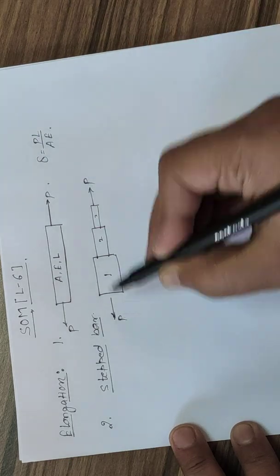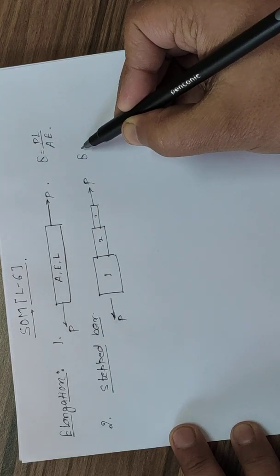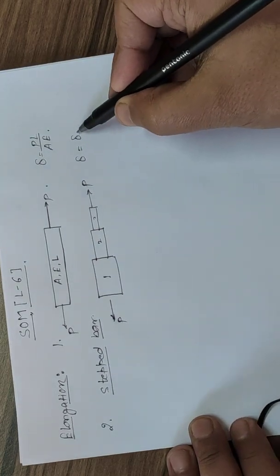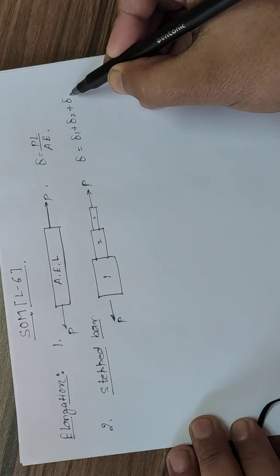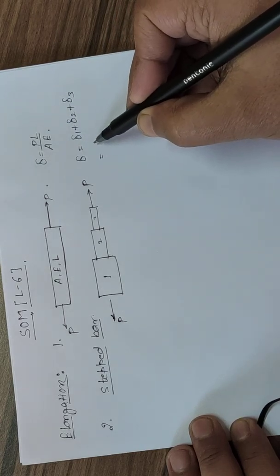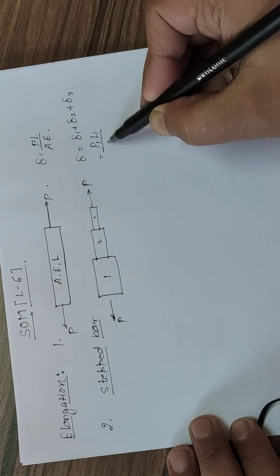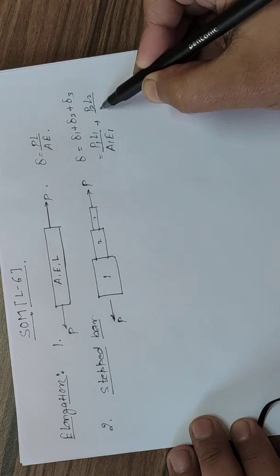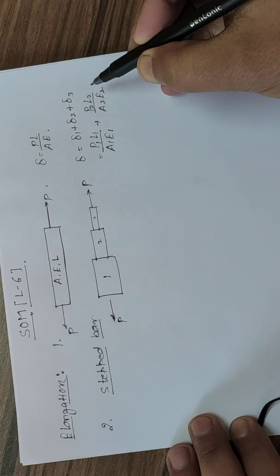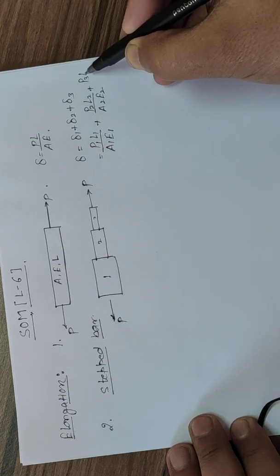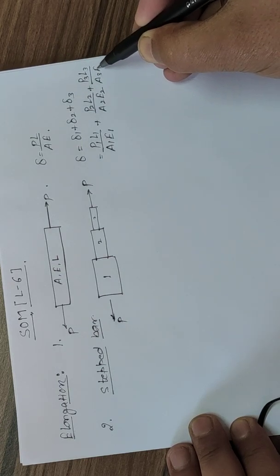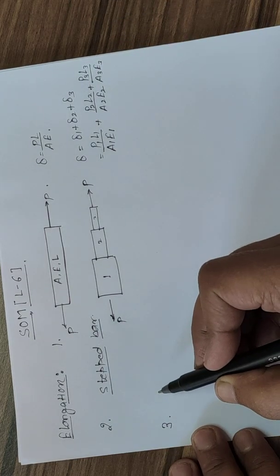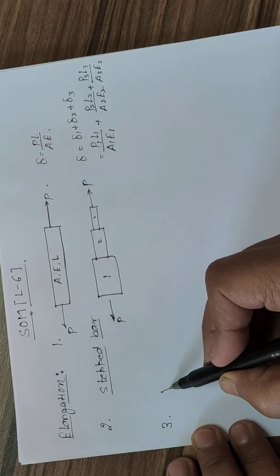We apply a load P, then we measure the value of del. The elongation in the stepped bar is del 1 plus del 2 plus del 3, that is, P1 L1 divided by A1 E1 plus P2 L2 divided by A2 E2 plus P3 L3 divided by A3 E3.